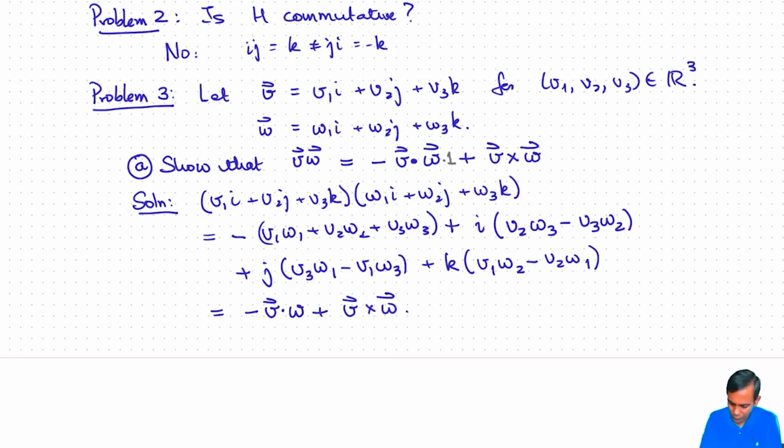Before we go further, let me recall what V cross W is. This is the cross product, right? And what is its geometrical interpretation?